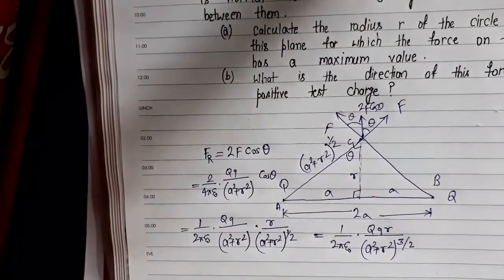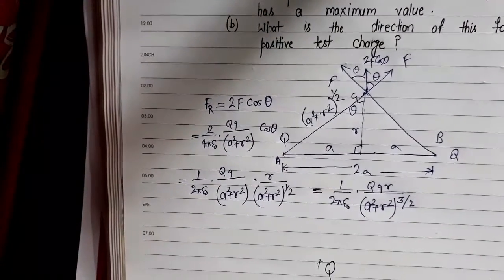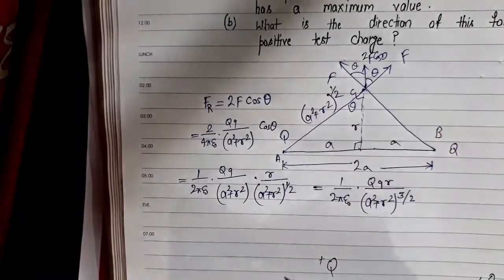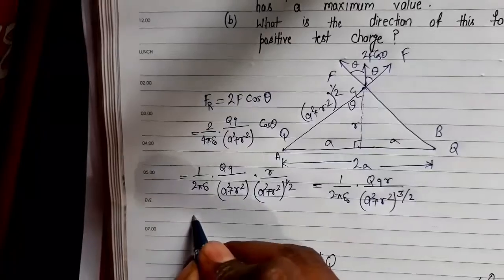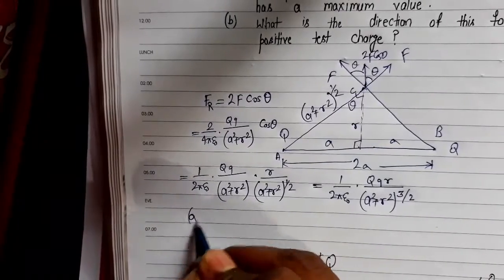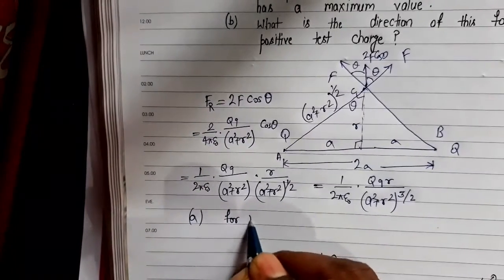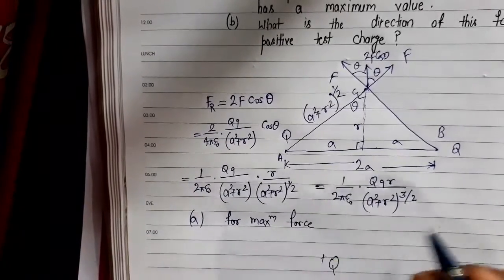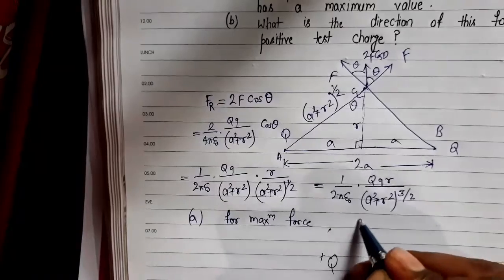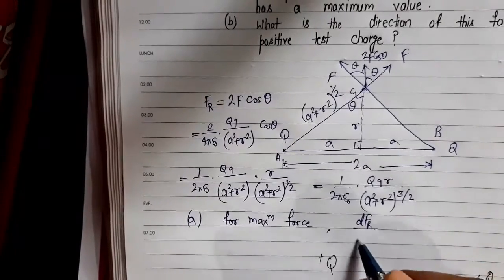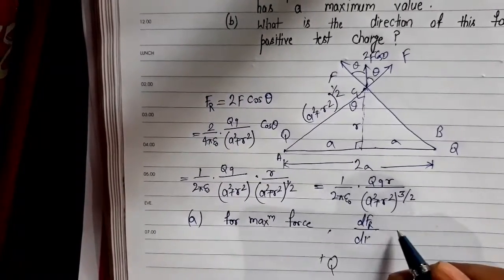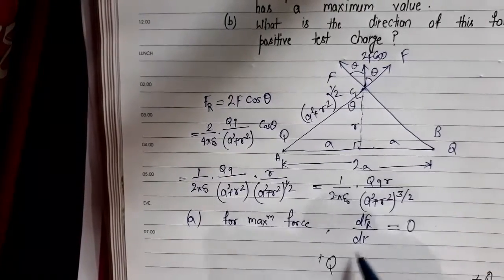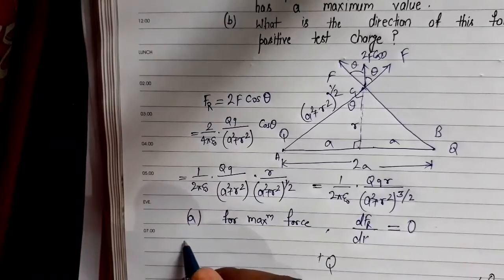Now we are going to get the distance for which the resultant force is maximum. For maximum force we need to differentiate, d Fr with respect to dr, and set the result to 0.